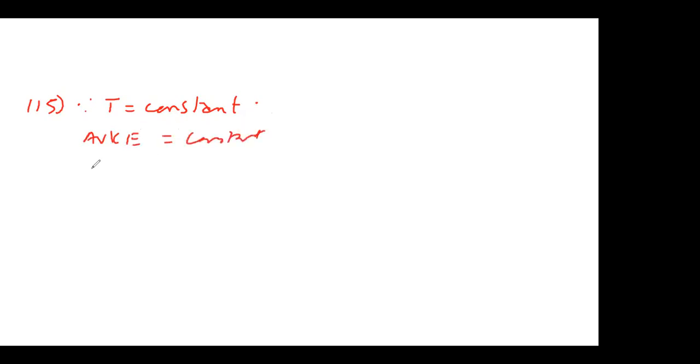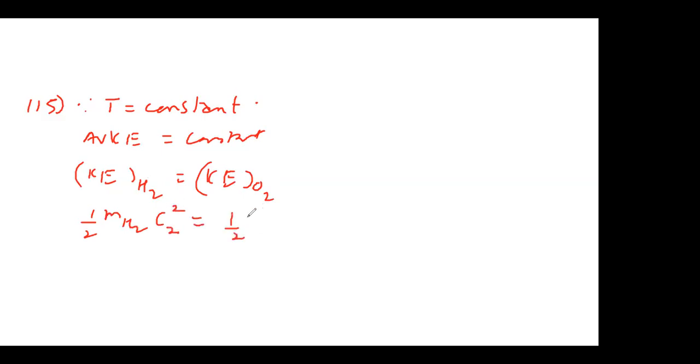So kinetic energy of hydrogen is same as kinetic energy of oxygen, meaning half into mass of hydrogen into RMS velocity of hydrogen squared is equal to half into mass of oxygen into RMS velocity of oxygen squared.